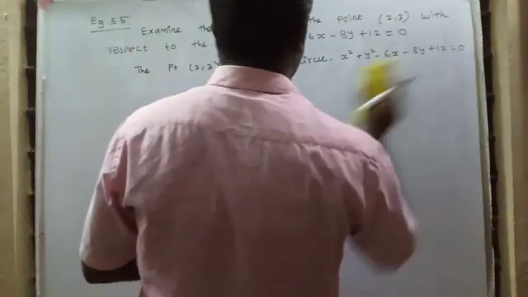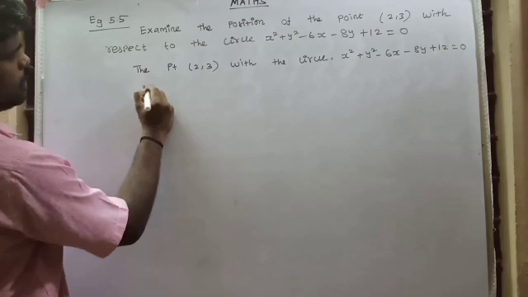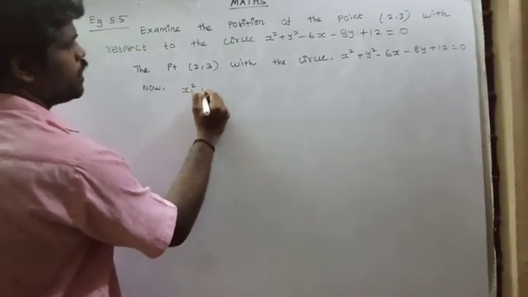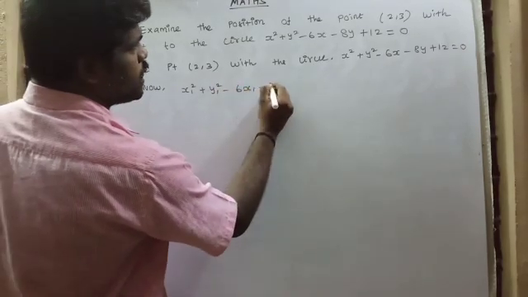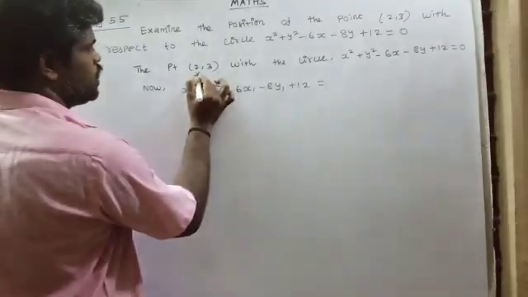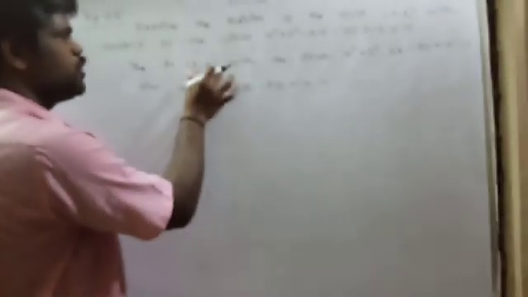Here we want to substitute the point into the circle: x1 squared plus y1 squared minus 6x1 minus 8y1 plus 12, where the point is x1, y1. Apply the point to the circle to see at which position the point is.